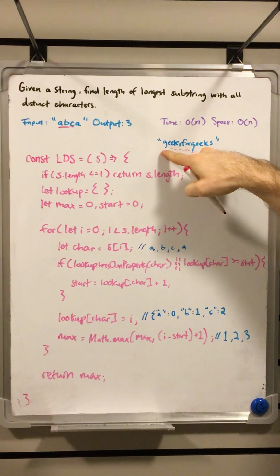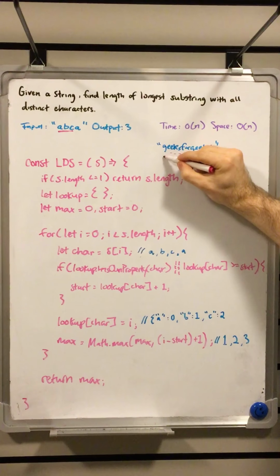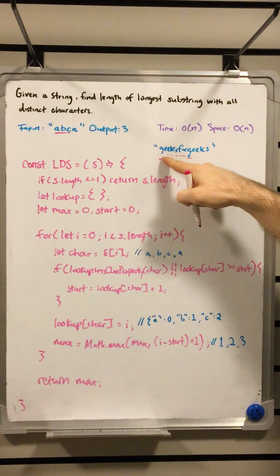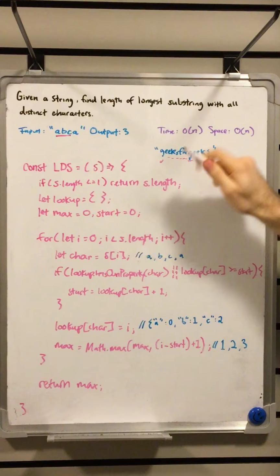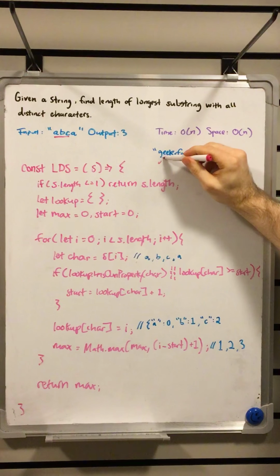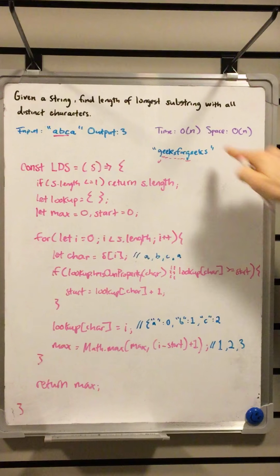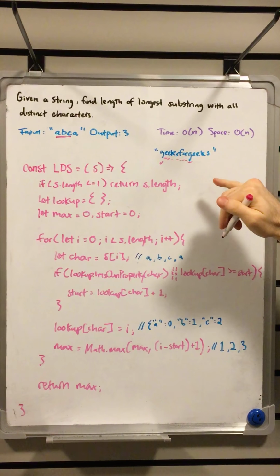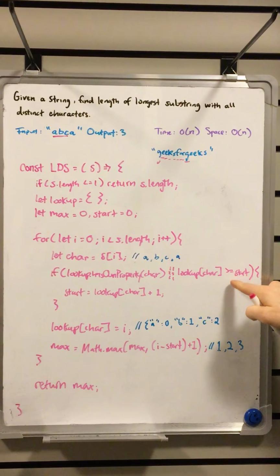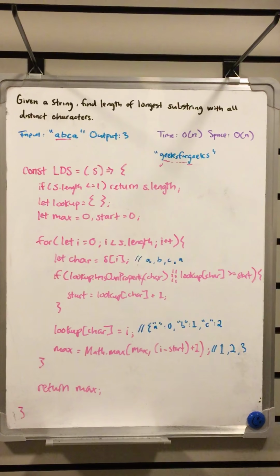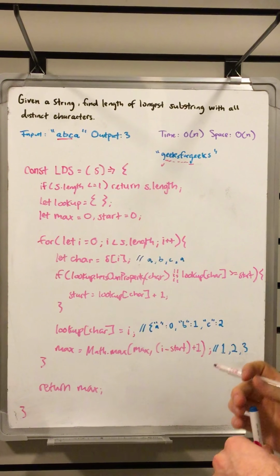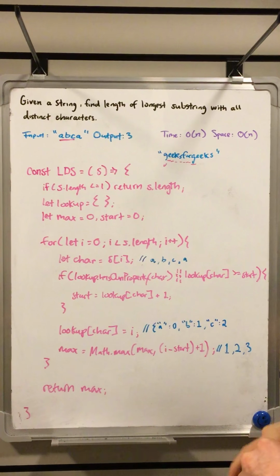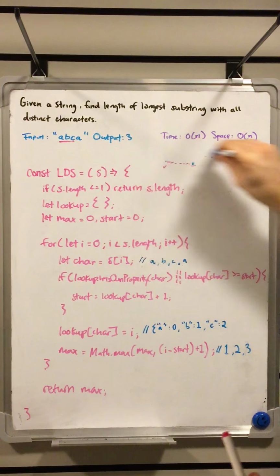We would have looked back up on G and found that G is at the 0th position. And if we didn't account for that, we may accidentally add back this E that we've already visited. So that's why we do this greater than or equal to start. We want to make sure that it's coming either after or it is the starting value, just so that we don't revisit any characters.